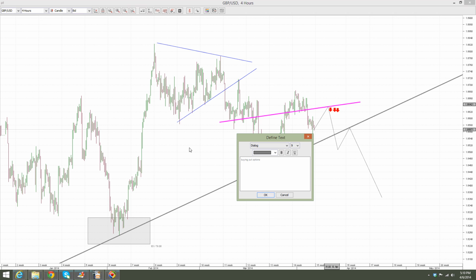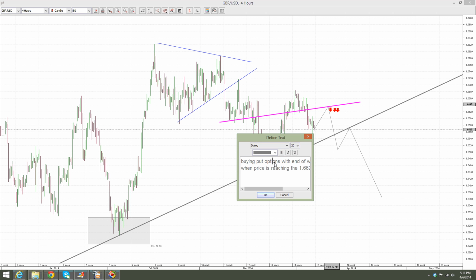So buying put options with end of week expiration date when price is reaching the 1.6620-1.6640 area.